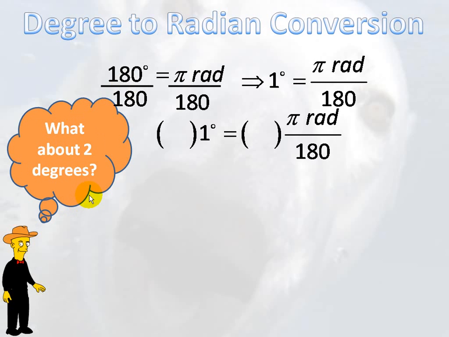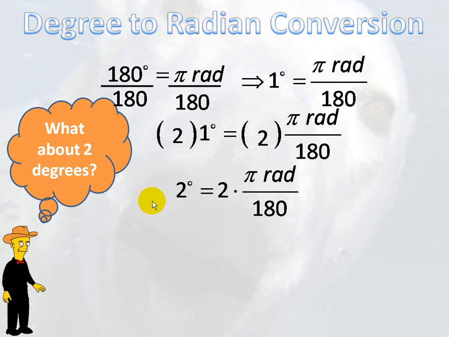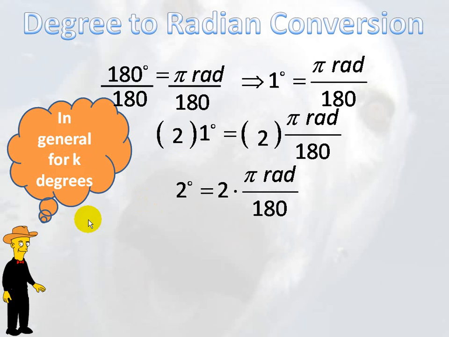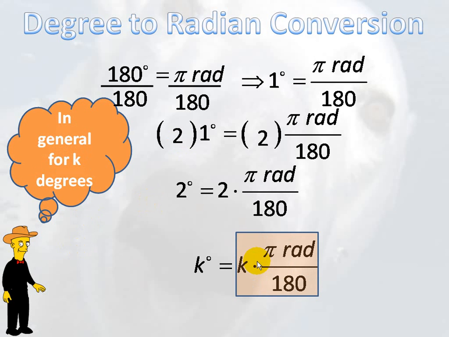Once again, I multiply both sides by 2, and I get that 2 degrees equals 2 pi radians over 180. In general, for k degrees, we have k degrees equals k times pi radians over 180. If we are given degrees and we want to convert to radians, just multiply by pi over 180.